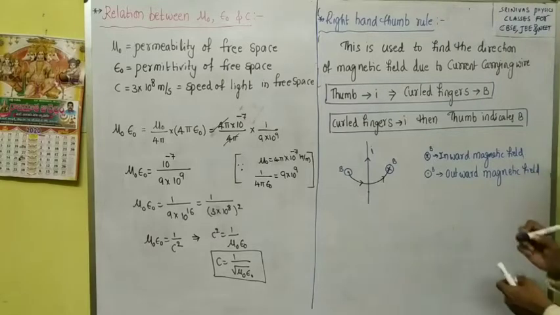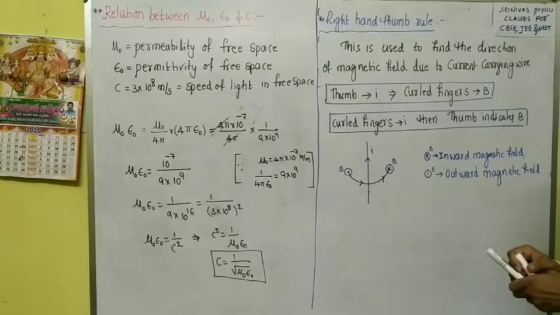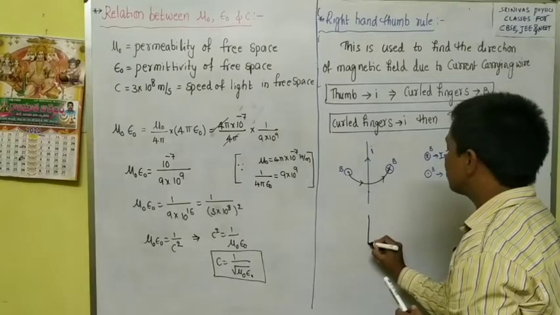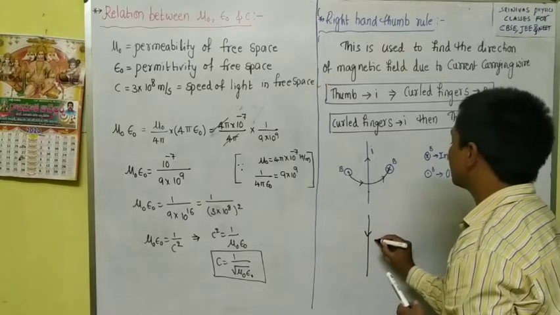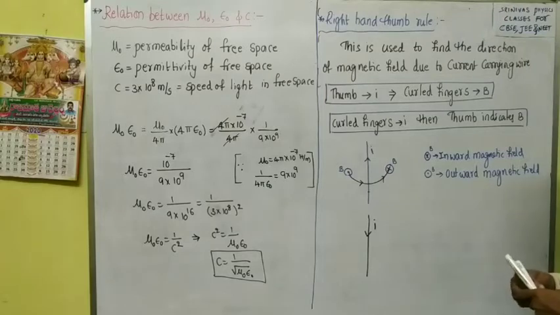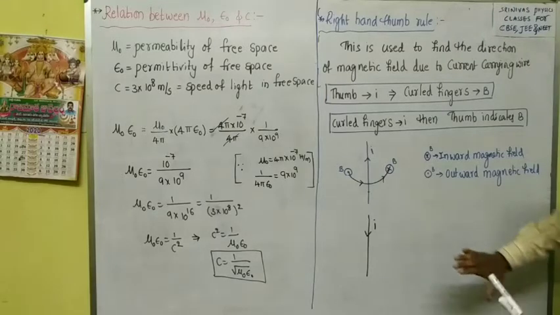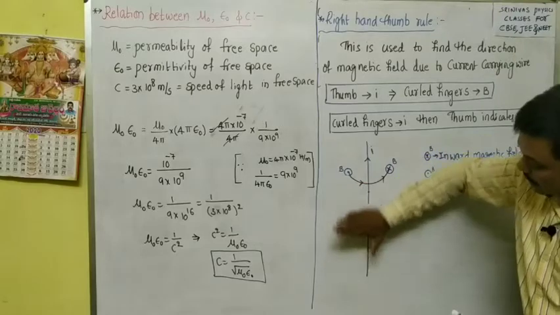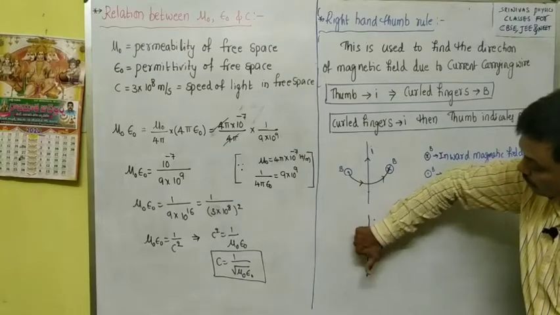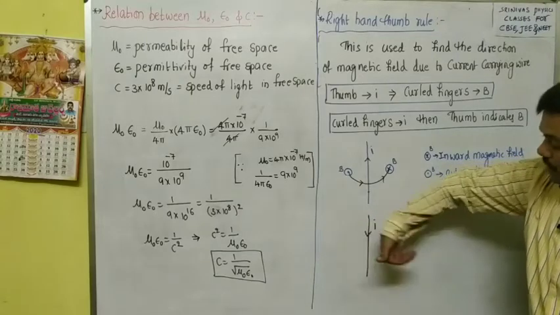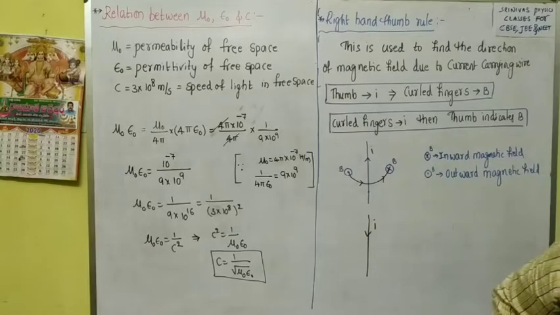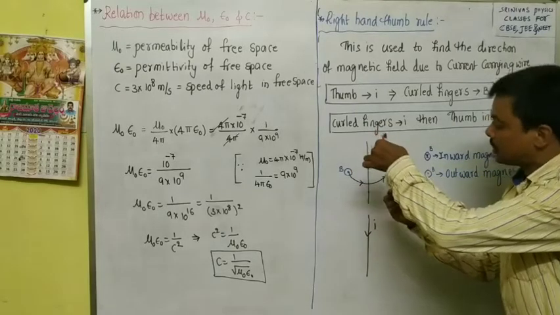In the same diagram, if the current is in the downward direction, what is the direction of the magnetic field lines? The thumb shows the current downward and the curled fingers indicate the magnetic field. Here the tip of the pen is downward, so the current is downward.